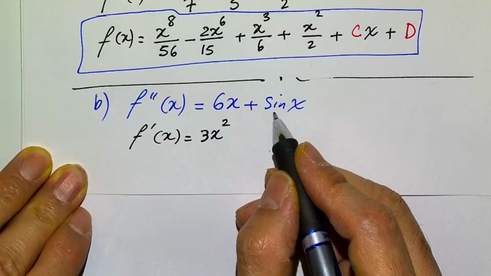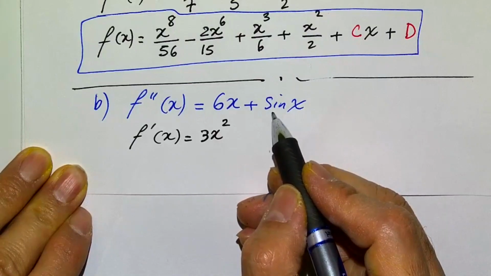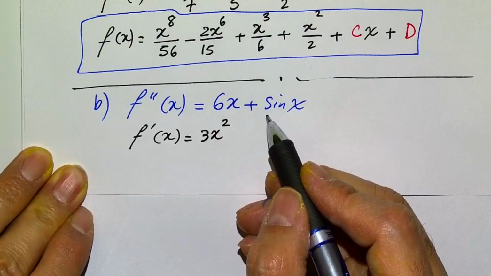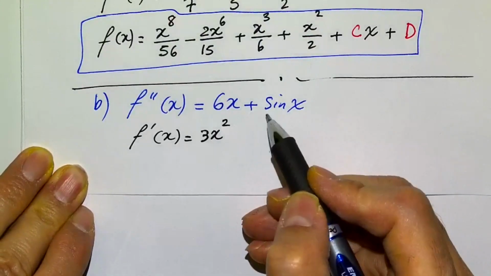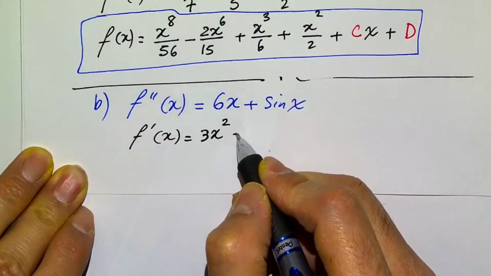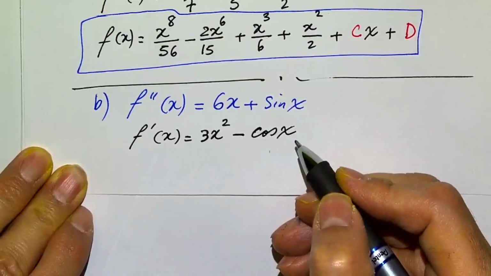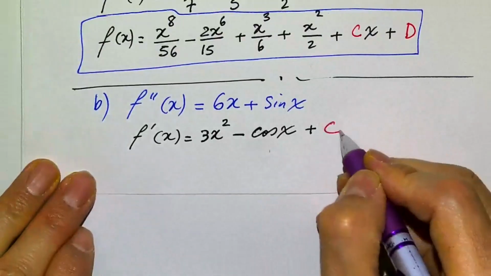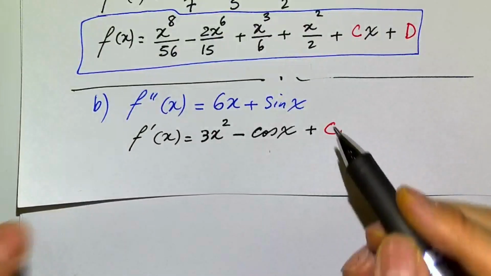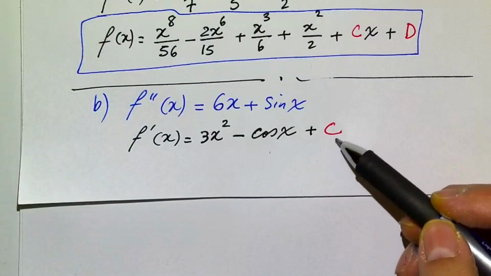Then cosine is the antiderivative of sine, but if you take the derivative of cosine of x, you get minus sine of x. So the fact that we have a plus sine x here, there must have been a minus already there, and then cosine of x. And then, of course, plus c, the constant. I'm pretty sure you guys are keeping track of what the c is.